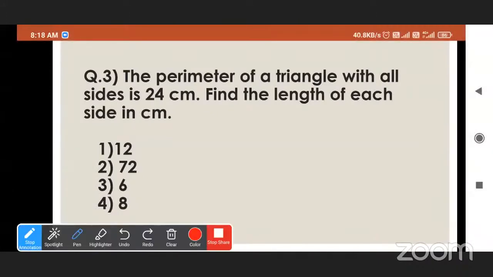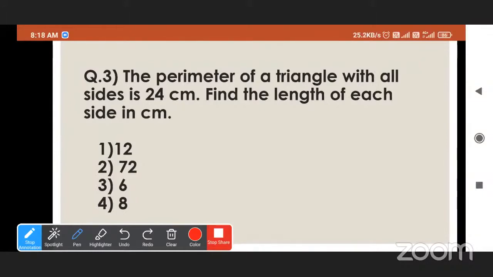The perimeter of a triangle with all sides equal is 24 centimeter. Find the length of each side in centimeter. So here the perimeter is given.